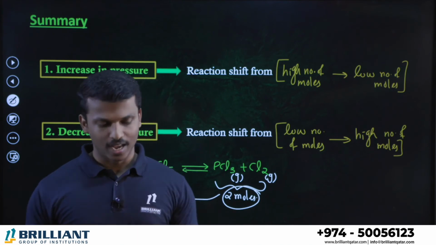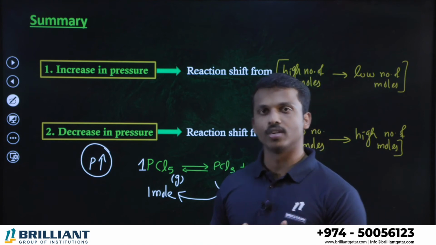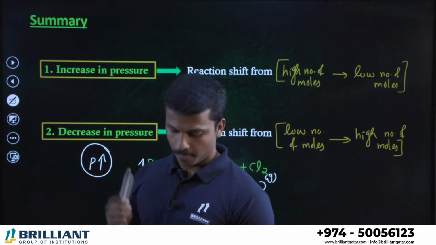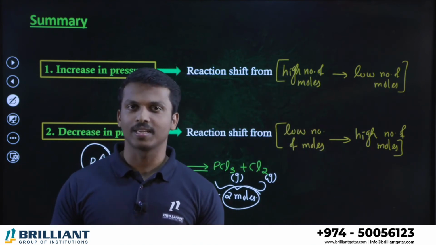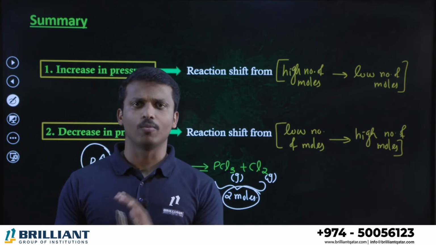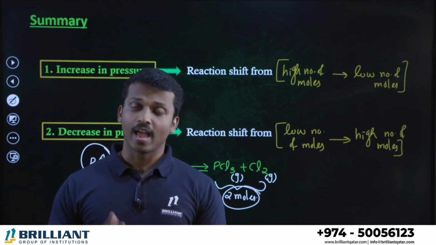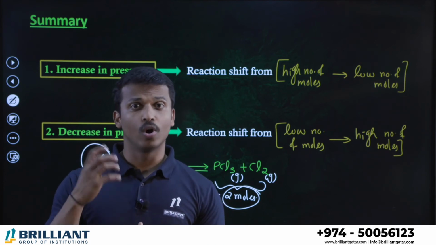Clear all? So what are the major factors affecting the equilibrium? Concentration, temperature and pressure. Some more factors are the number of moles and volume. That's not an important one, in the sense that number of moles means the concentration only. And volume, how is volume affecting?